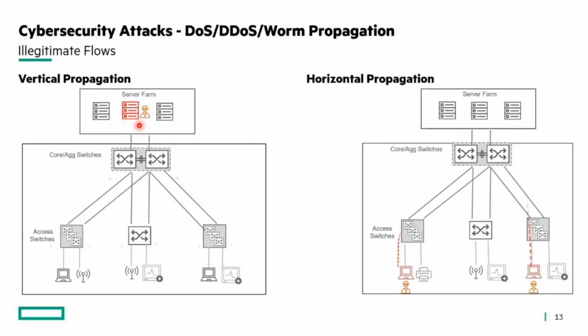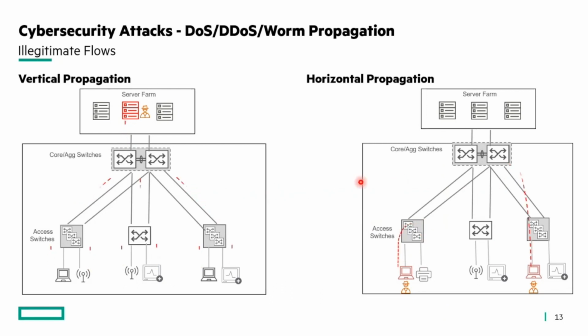Due to the worm's replicating nature, it can spread itself over the network and damage the bandwidth and security of the end devices. It may impact the normal services of the end clients. That is a major drawback with worm propagation. All these attacks, as I said, can happen vertically and horizontally as well.